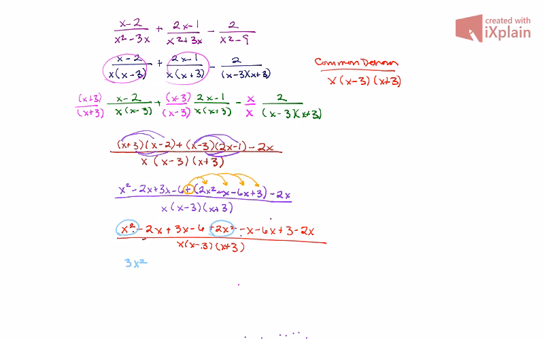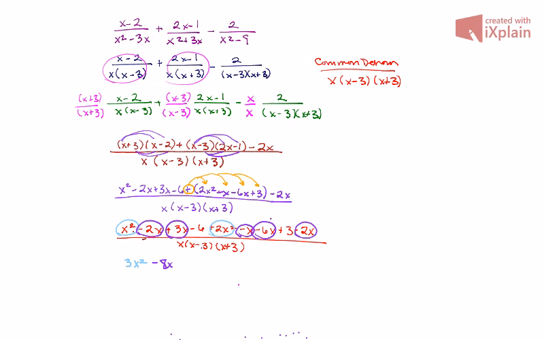Then I have a negative 2x, negative 2x, negative 6x, and a positive 3x. So that's going to give me negative 7x. Oh, sorry, I forgot him, didn't I? So that's really going to be a negative 8x.